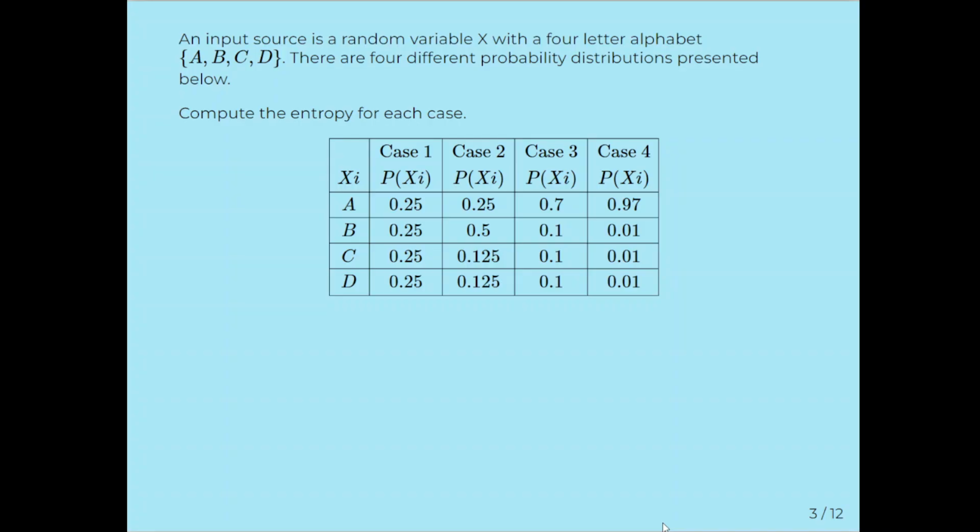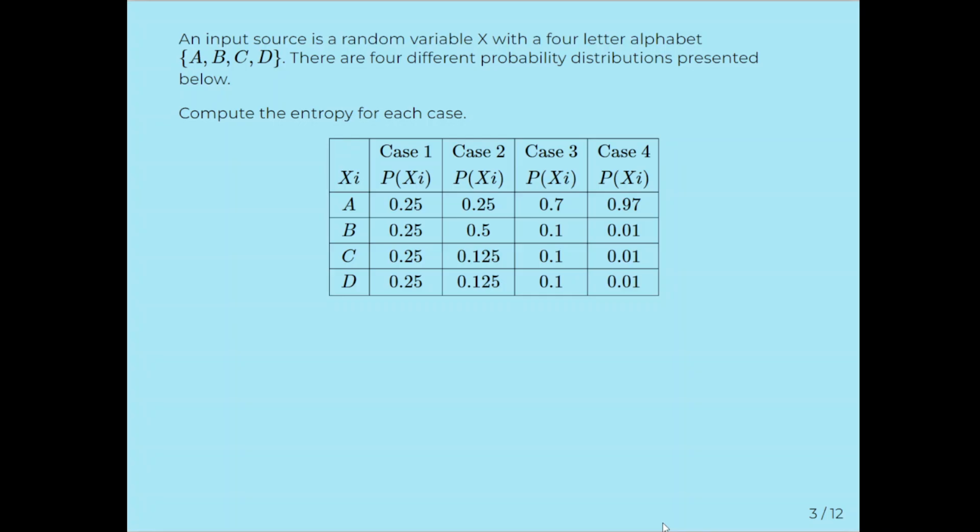The reason for that is because no single character in that alphabet dominates. They're all equally probable.